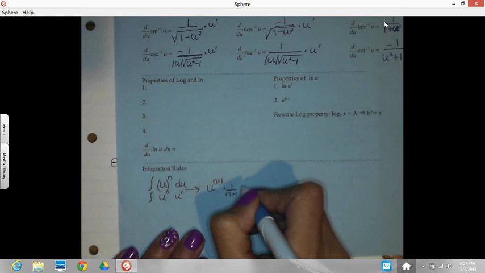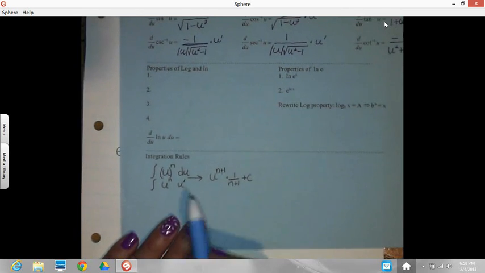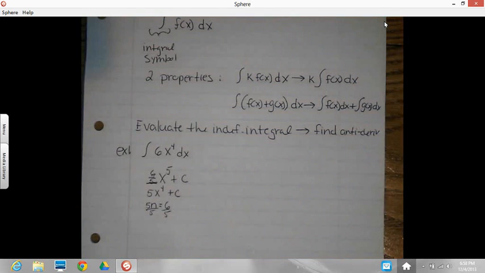And then we'll have our plus c. It looks ugly, but it's not bad. It's just because we got this n plus 1 in here, it's making it look ugly. So there's two things. You add 1 to the exponent, and then multiply by the reciprocal of the exponent. That'll usually float to the front of it, and a plus c. All right, let's practice the heck out of that so you get really, really good at it.